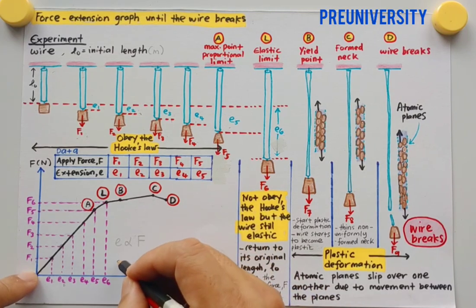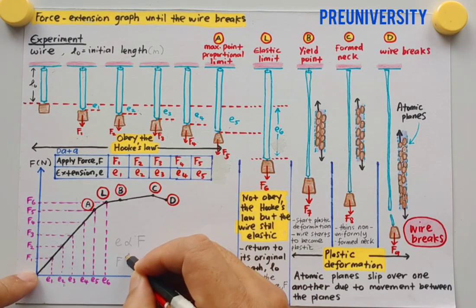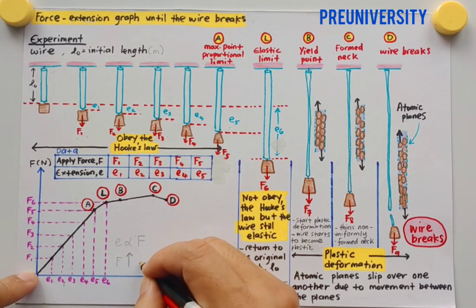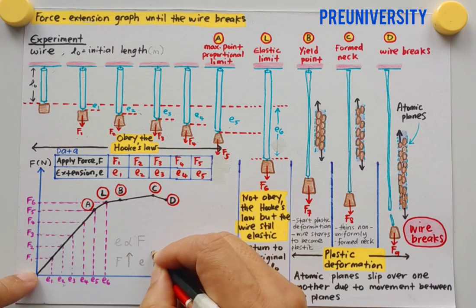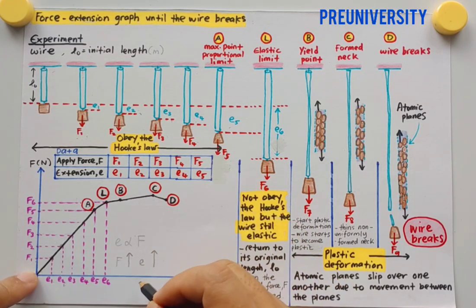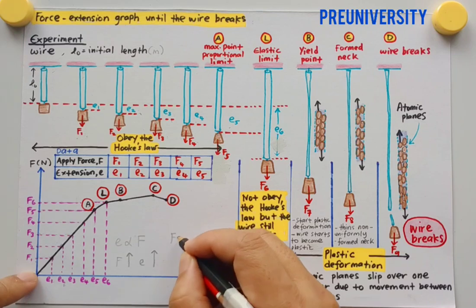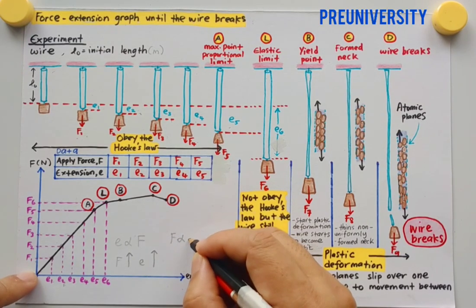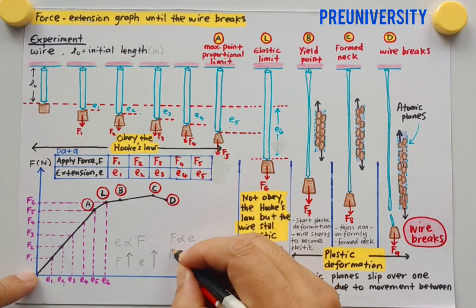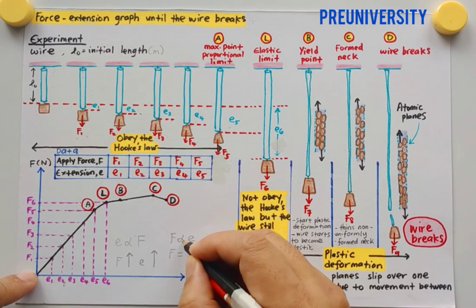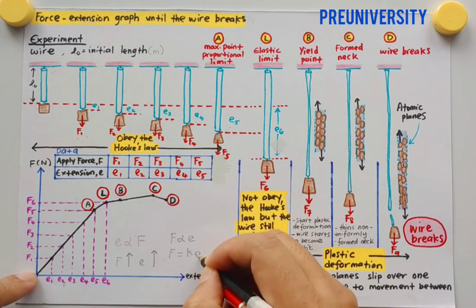So that means when we increase the applied force, the extension of the wire also increases. Okay, so we have F is directly proportional to E, and then we change from directly proportional to equal, so we have to put the constant K and E here, extension.